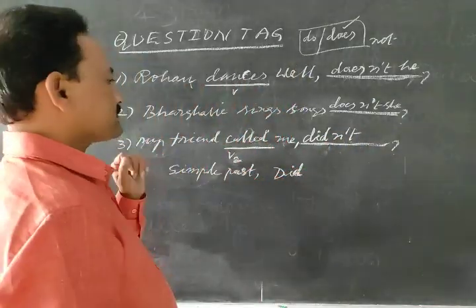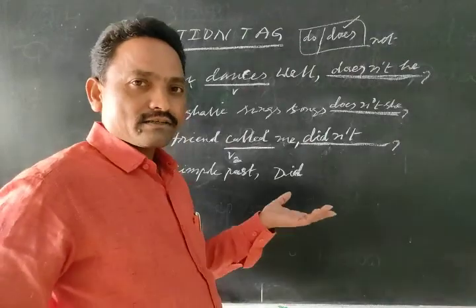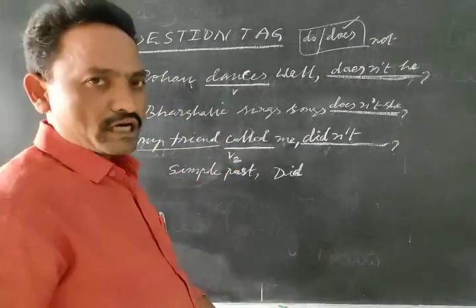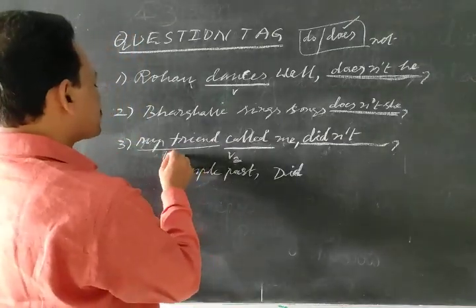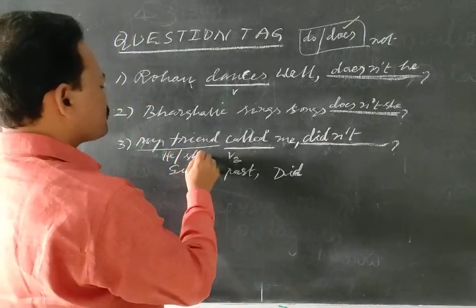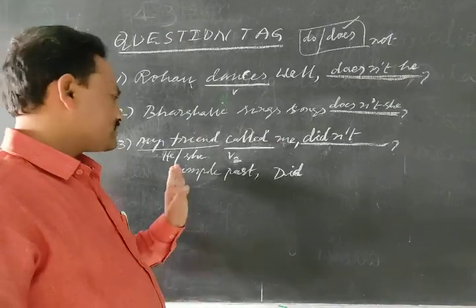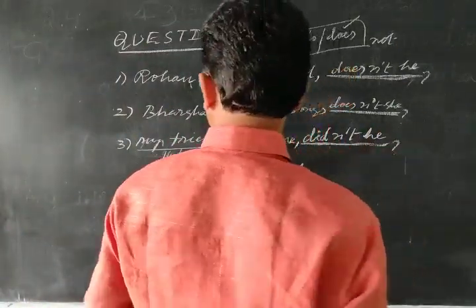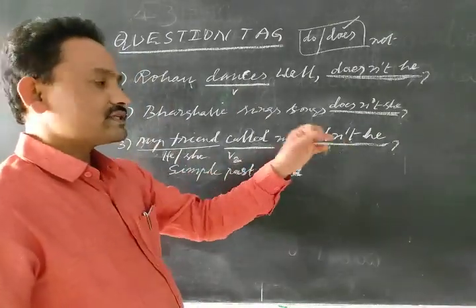Here "my friend", but don't write "my friend" exactly in the question tag. It is changed into a pronoun. So my friend here, he, or she, no problem, whatever it is. Yes, we can select "he": didn't he? My friend called me, didn't he?